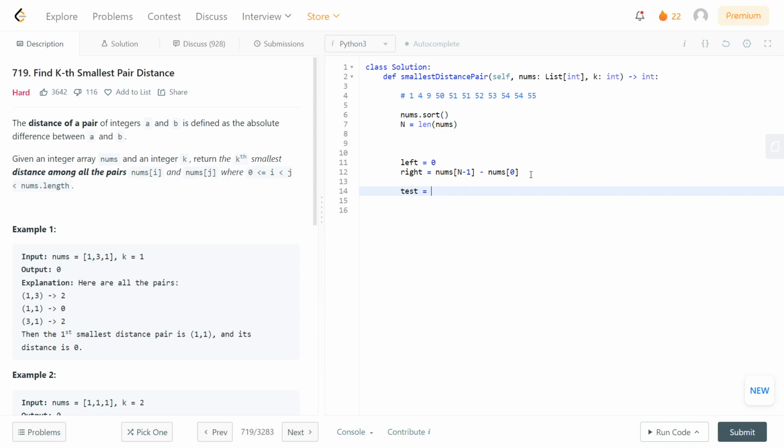The test will be right minus left divided by 2, like this. And we're going to see count is equal to, let's call it distances of test, dist counter.